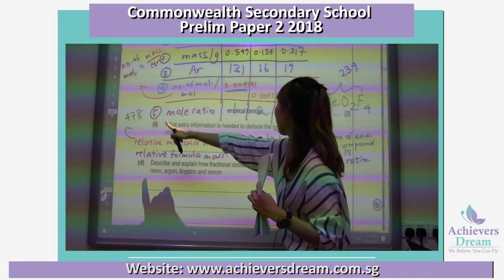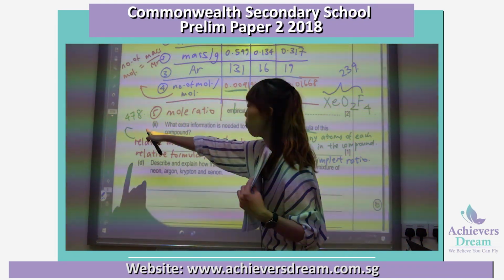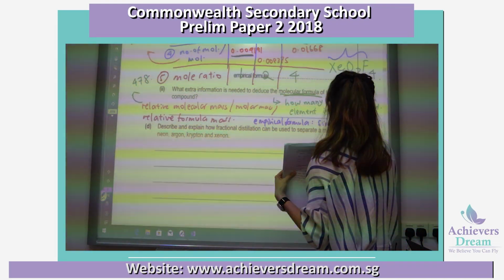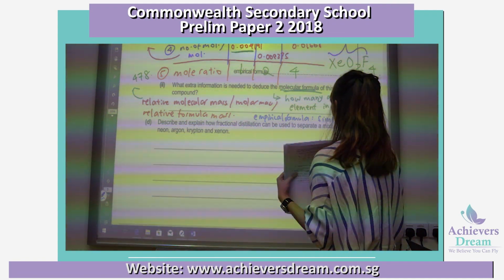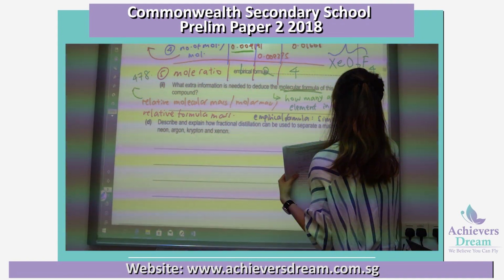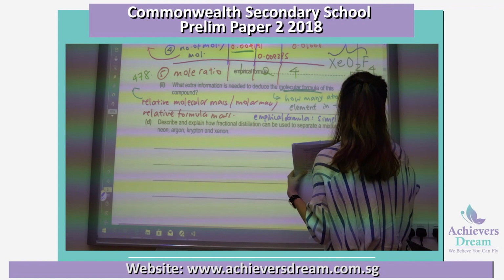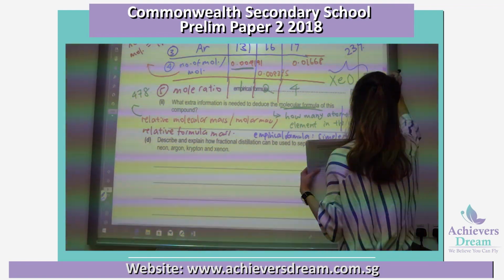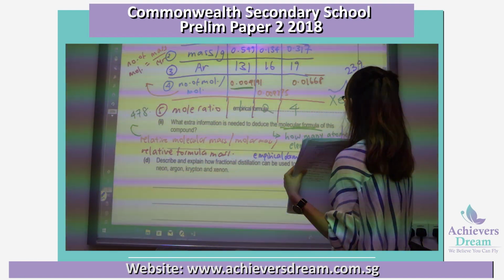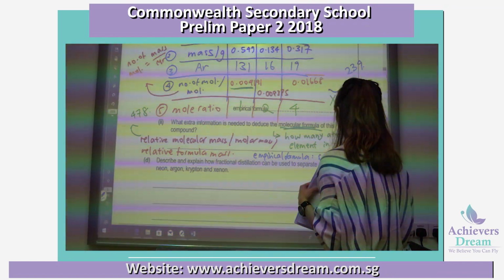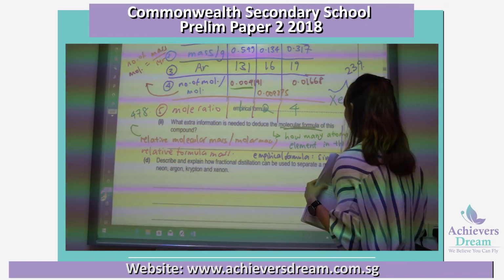Then using the relative molecular mass, I just divide 478 by your empirical formula mass, which is 239, and it should give me 2.